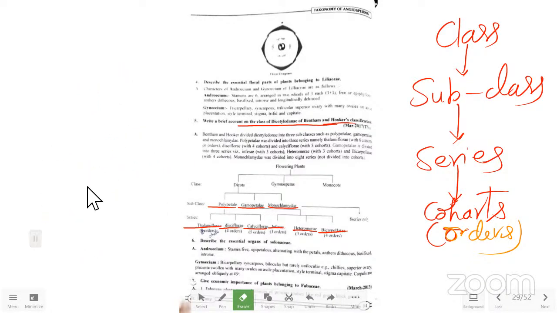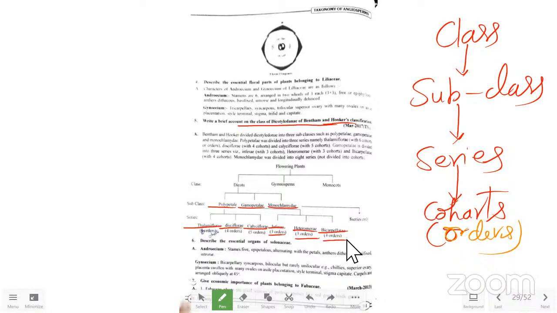Inferae, where the ovary is inferior, and the thalamus is having a cup-like structure where the complete ovary is present. Heteromerae, and Bicarpellatae, where the carpels are two. Each series is having 3, 3, 4 cohorts respectively: 3 cohorts in the Inferae, 3 cohorts in the Heteromerae, and 4 cohorts in the Bicarpellatae.